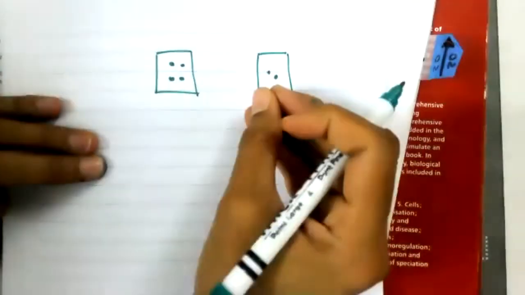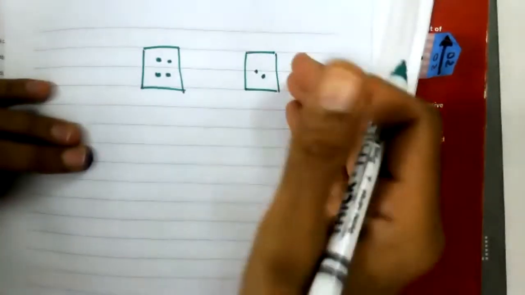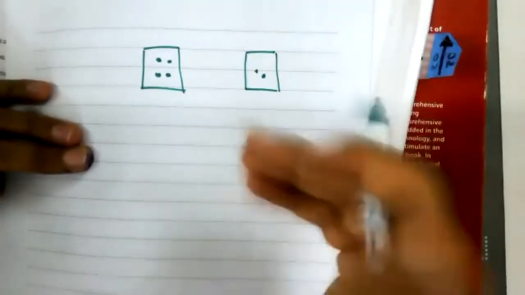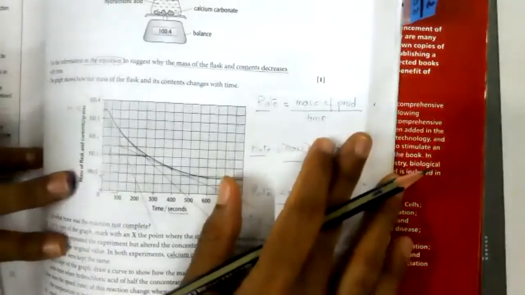So of course, fewer collisions, less product formed, and therefore the rate of reaction, which is the mass of product formed, or the amount of product per unit time, would also be halved. Rate of reaction will also decrease by half. So half of everything, but the starting point would be the same.